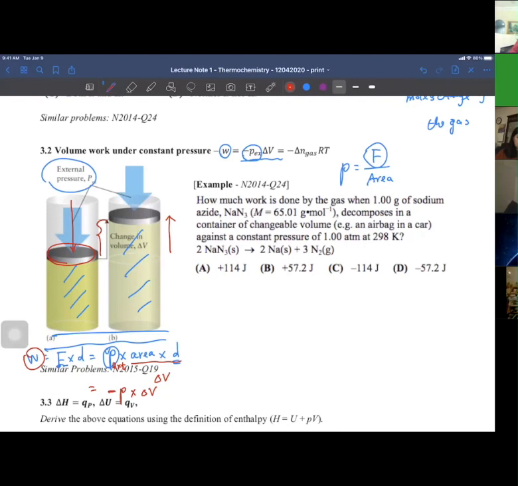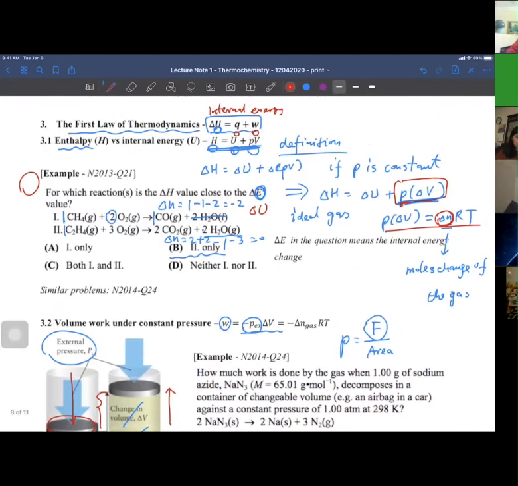So you can have a different way to interpret why there is a negative sign. Try to think about when the system is expanding, the gas is expanding, the gas does work to the environment. So this is why the system will have a smaller internal energy based on the equation here, if the work is negative, right? So you need to get a negative work if the gas is expanding.